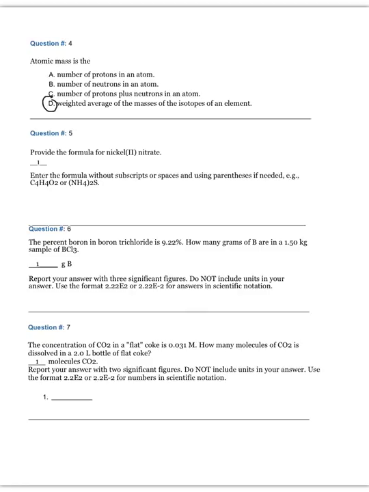Question number 5. Provide the formula for nickel(II) nitrate. Enter the formula without subscripts or spaces and using parentheses if needed. For example, C4H4O2 or (NH4)2S.